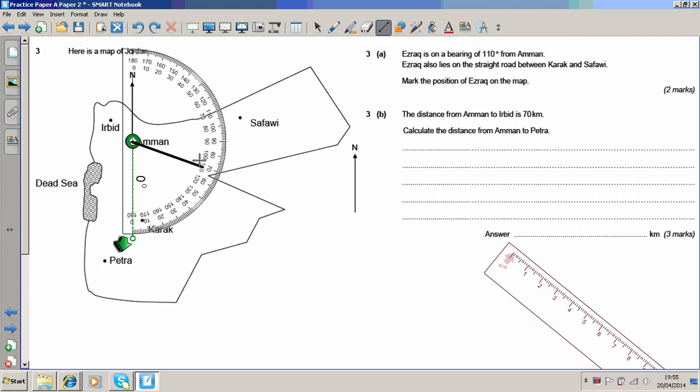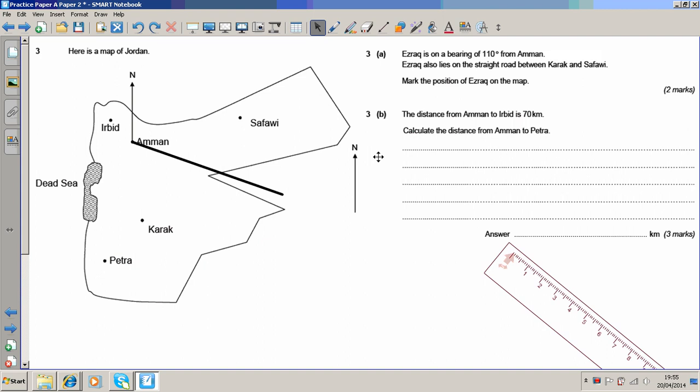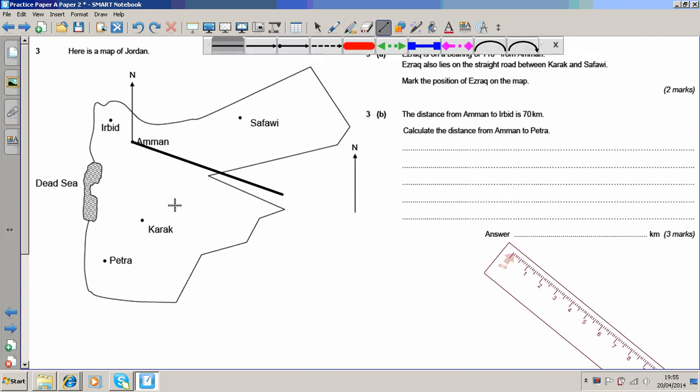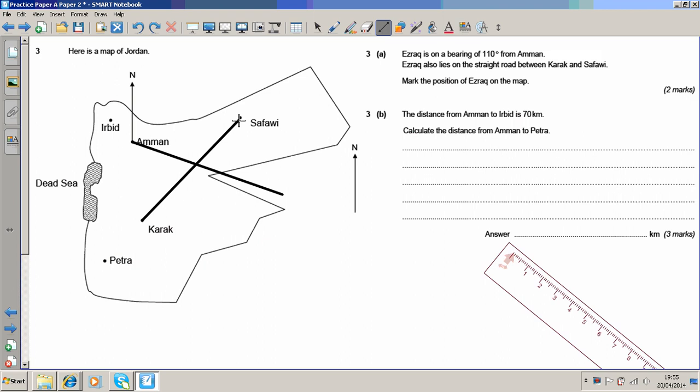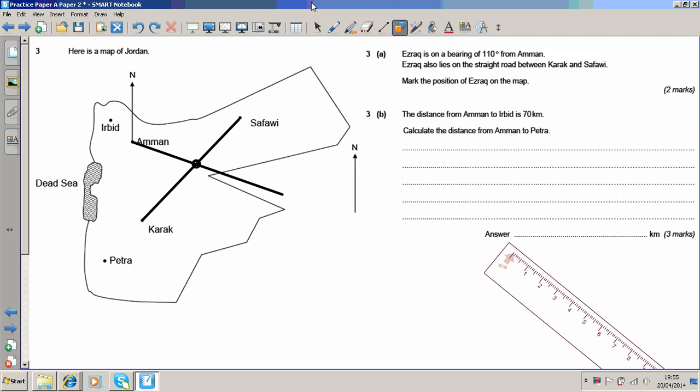So 110, naught is on the inside, so 110 is on the inside there. So it's somewhere along that line there. And it also lies on the straight road between Karak and Safawi. My Karak and Safawi straight road is there. So whereabouts is Ezrak? It's at this point here.